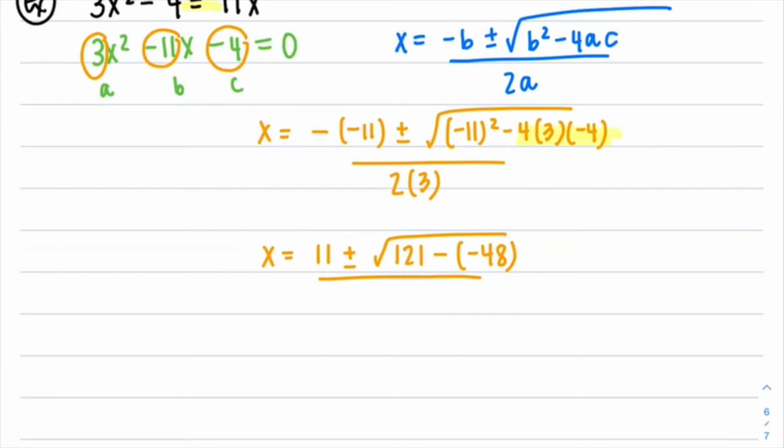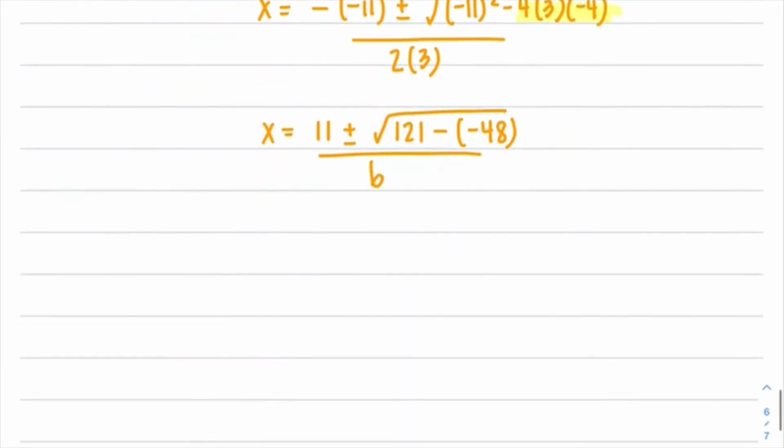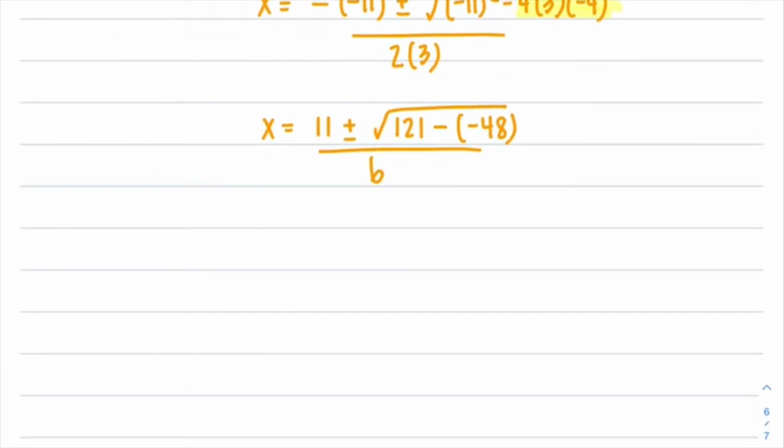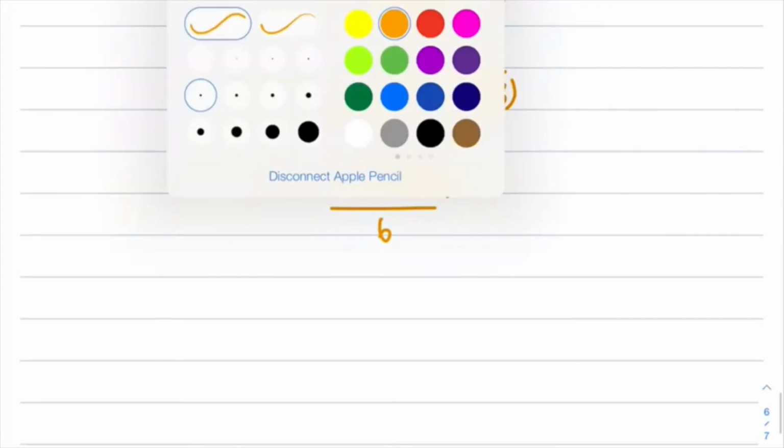So again, watch that double negative there. And we're going to put this all over 6. All right, from here then we have x is equal to 11 plus or minus, I'm going to simplify that, that's going to be 169 all over 6.